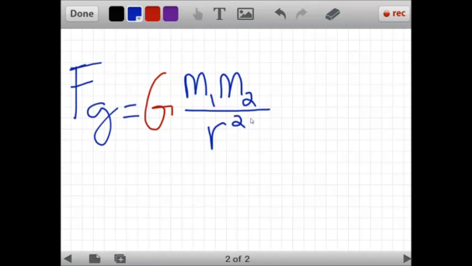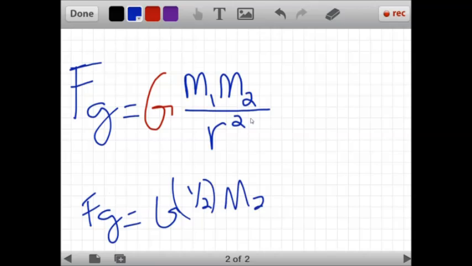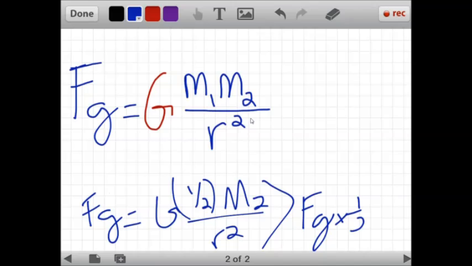So if I halve M1, it would look like this, 1/2 for M1. So what ends up happening to the force of gravity? Well, the force of gravity gets multiplied by 1/2, or in other words, it's halved as well.